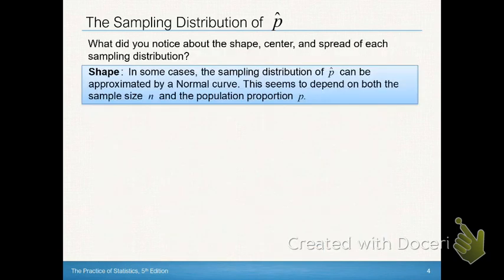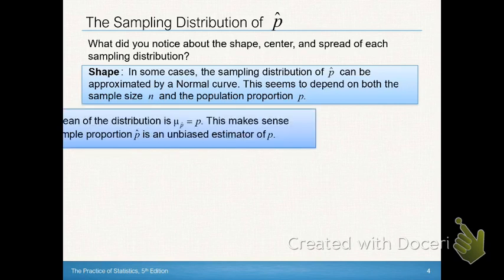To summarize what we saw here: not always, and we'll look at when this happens, but sometimes we will end up with something that is normally distributed. That's definitely not always the case for proportions. I'm going to give you a condition that you'll need to check in order for that to be true. But sometimes it looks like a normal curve for the shape.